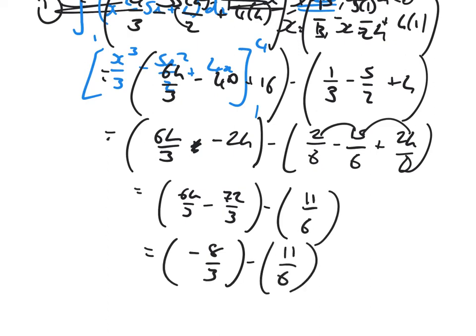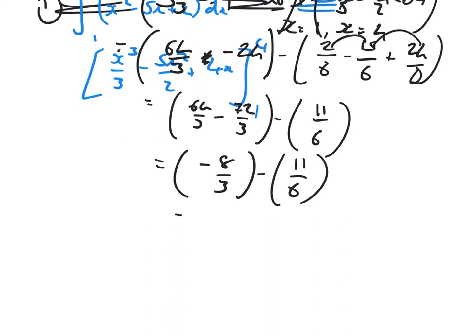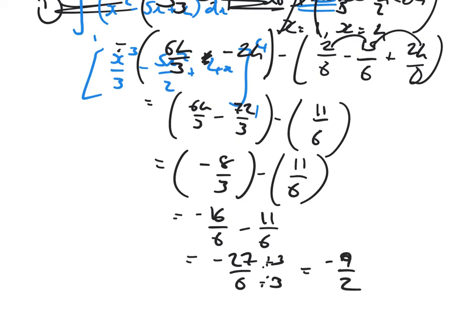So let's change the thirds to 6. That will be minus 16 sixths minus 11 sixths, which is minus 27 over 6. I can divide top and bottom by 3, and that will bring me down to minus 9 over 2. So the area then for that particular bit is 9 over 2 square units.